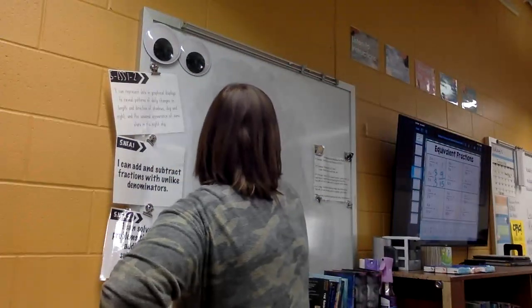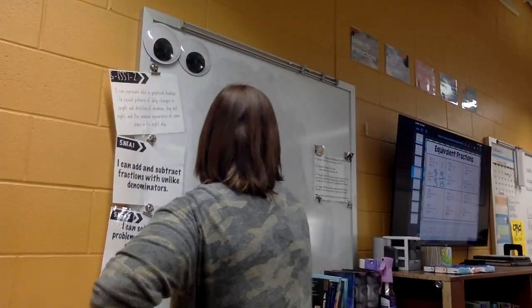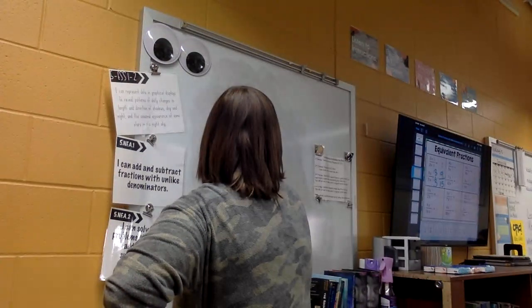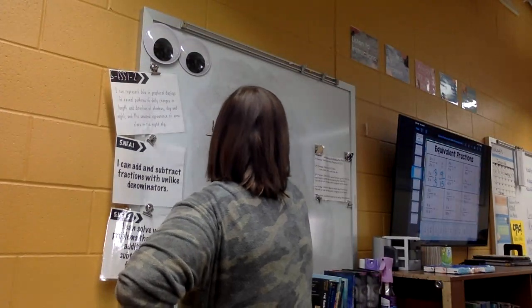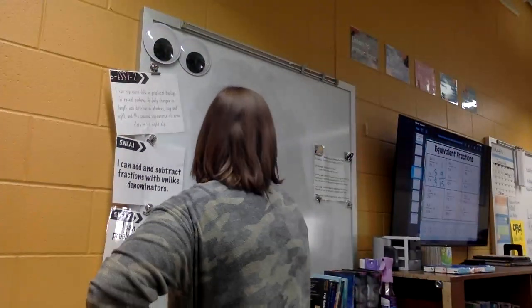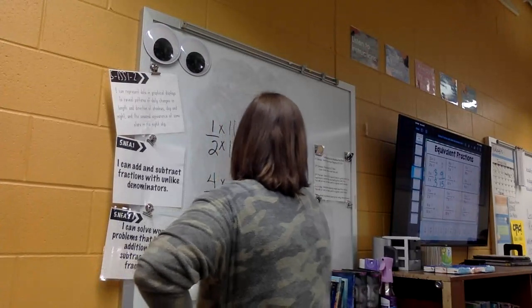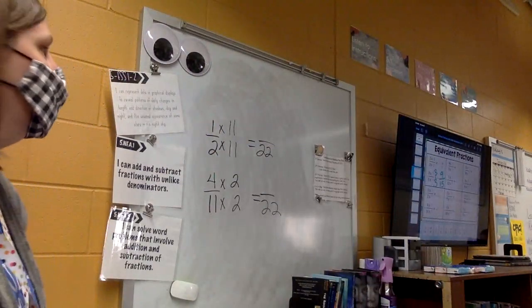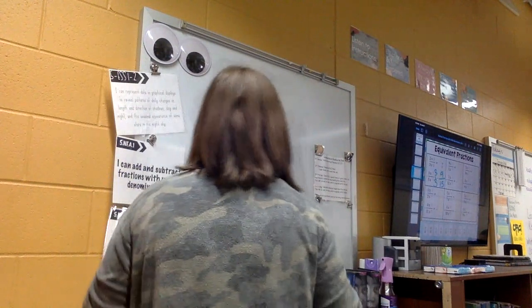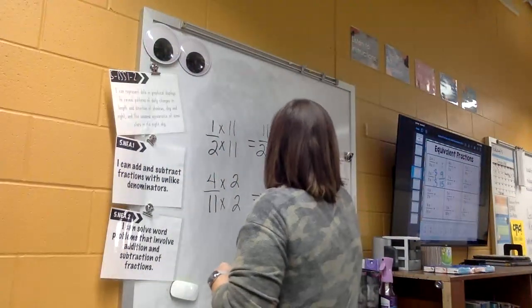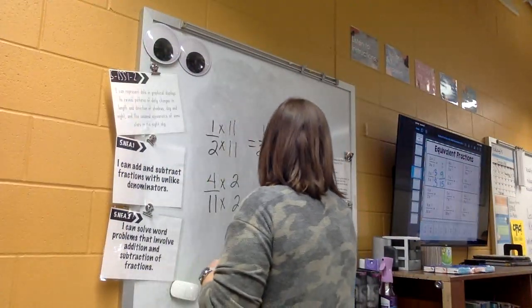So I have to multiply my top by what? Oh, wait, no. 11. And I'm going to multiply my bottom fraction by 2. Okay? So now, 1 times 11 is what? 11. 4 times 2? 8.